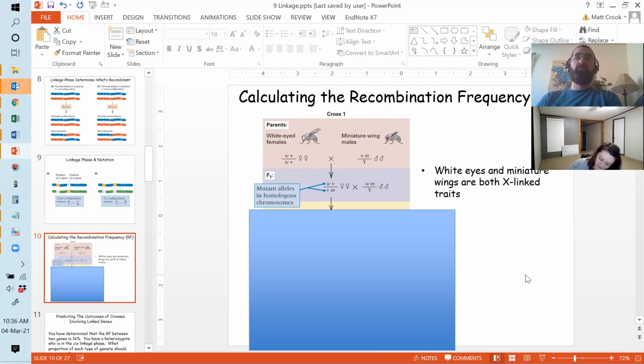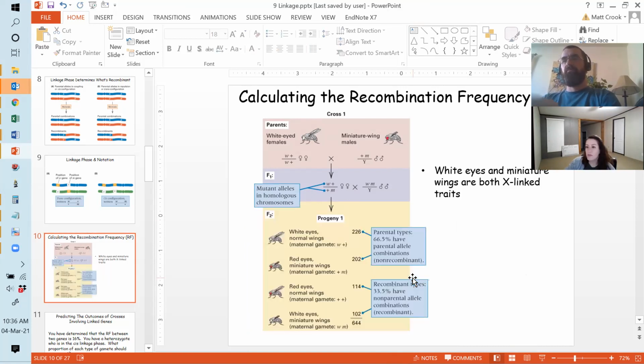So if we look at 1,000 flies, you'd expect roughly 250 to 250 to 250 to 250. Is that what you get? No. There's 644 here, so that should be what, 160, give or take, of each of these 4 different ones. You do not see that.